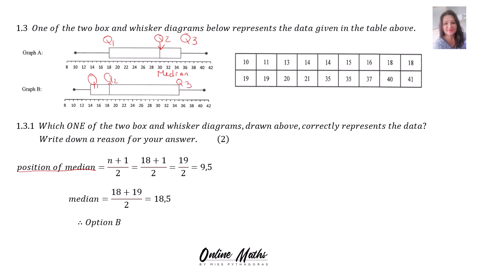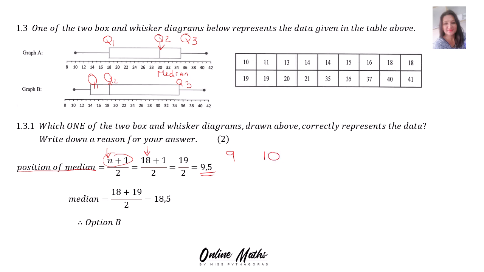How do you calculate the median? The position of the median, first of all, is n plus 1 over 2. So what is n? n is 18. That means how many data entries there were. And then 18 plus 1 is 19, over 2 is 9,5. So this 9,5 is not the answer. It's the position of the median. That means your median lies between position 9 and position 10.